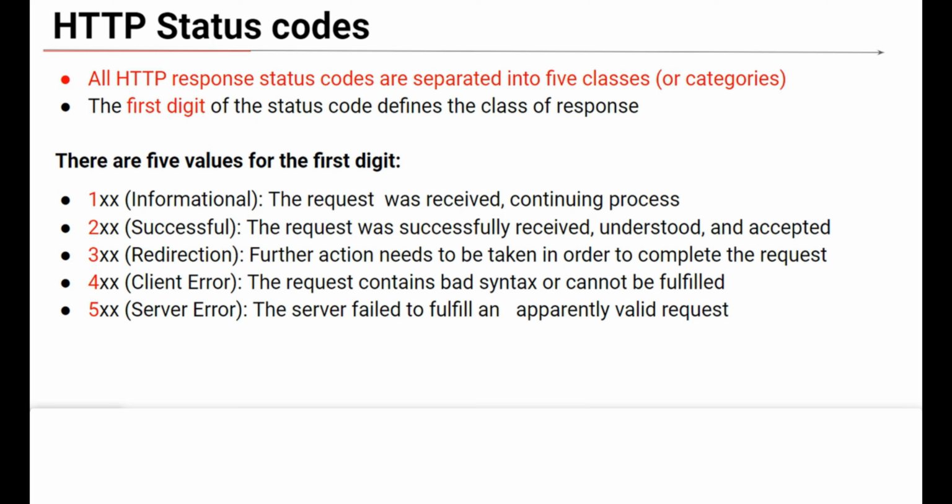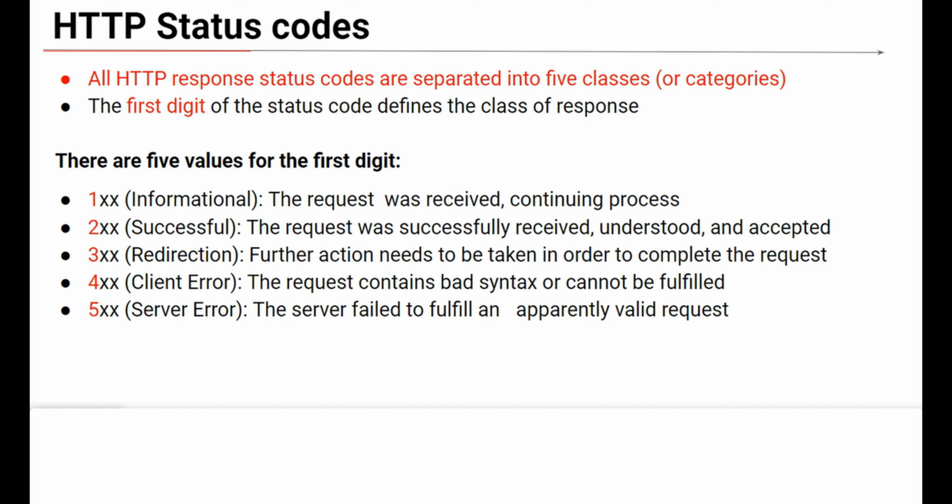Now, let's talk about HTTP status codes. Status codes are issued by a server in response to a client's request made to the server. All HTTP response status codes are separated into 5 classes or categories. The first digit of a status code specifies one of 5 standard classes of responses.